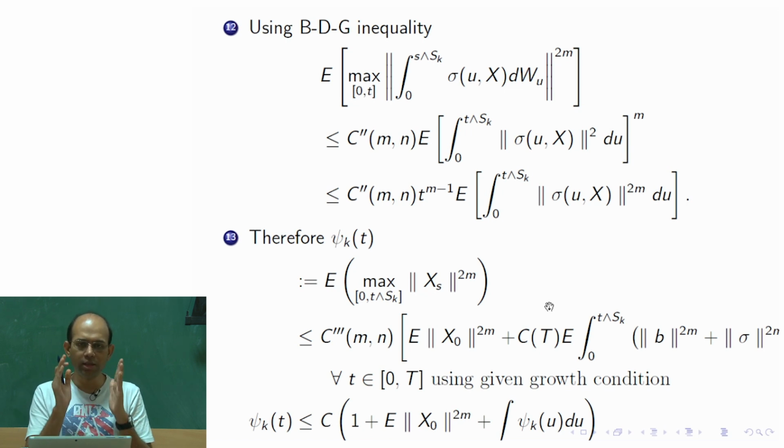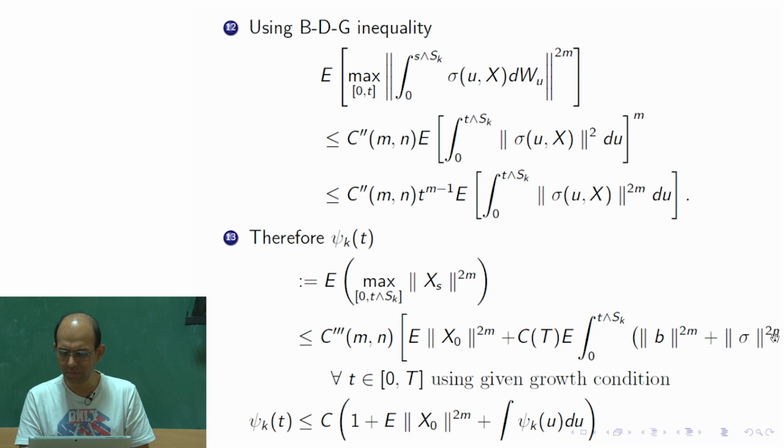So, small t is always less than or equal to capital T. So, we are going to get expectation of norm of x naught to the power 2m plus some other constant times expectation of the integral from 0 to t minimum s k of norm of b to the power 2m, and then norm of sigma to the power 2m, and then du. Okay. So, that we obtain, and that is true for all small t.